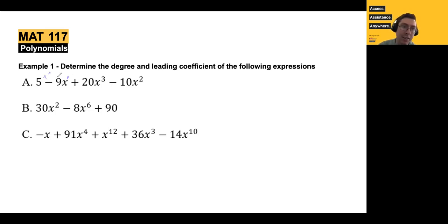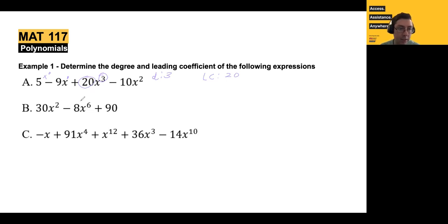The highest of these exponents is the 3 of the x, so that's the degree of this polynomial. And the leading coefficient is the coefficient before the x of the greatest exponent. So the 20. So to record these answers, the degree is 3 and the leading coefficient is 20.